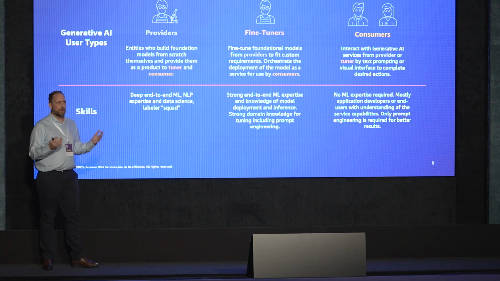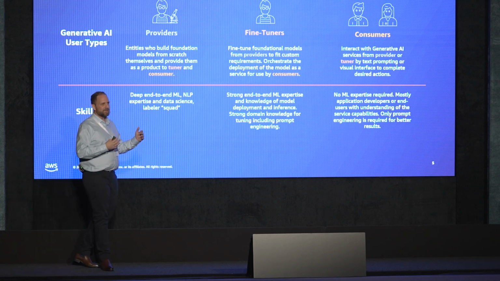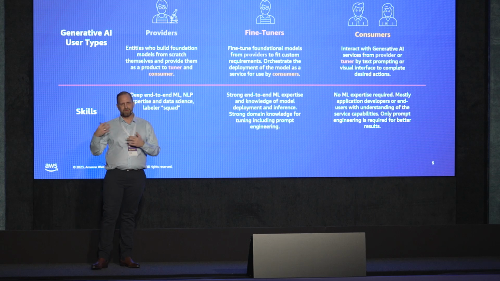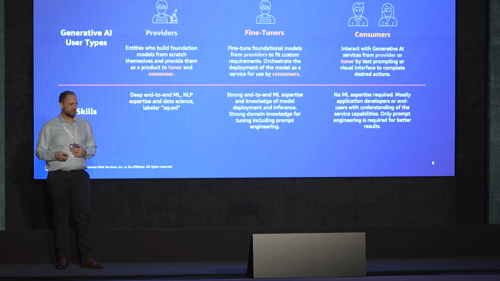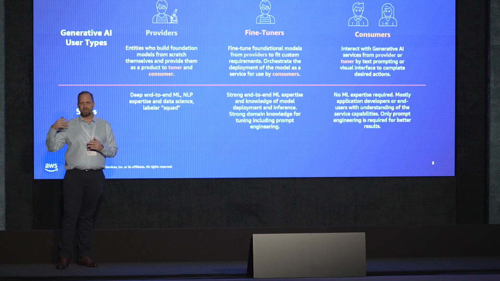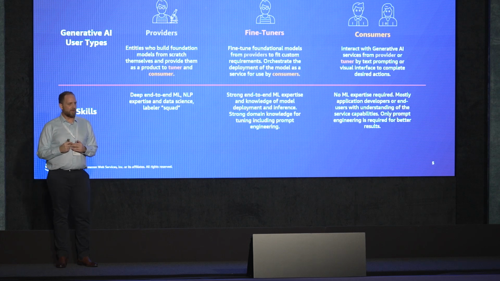The consumers are the ones that are using the models that either the providers or the fine-tuners have produced, and they want to focus on the application. They don't care about machine learning at all. They care mostly about prompt engineering, about other aspects of generative AI, like selecting the right model, but they don't need to know about machine learning.